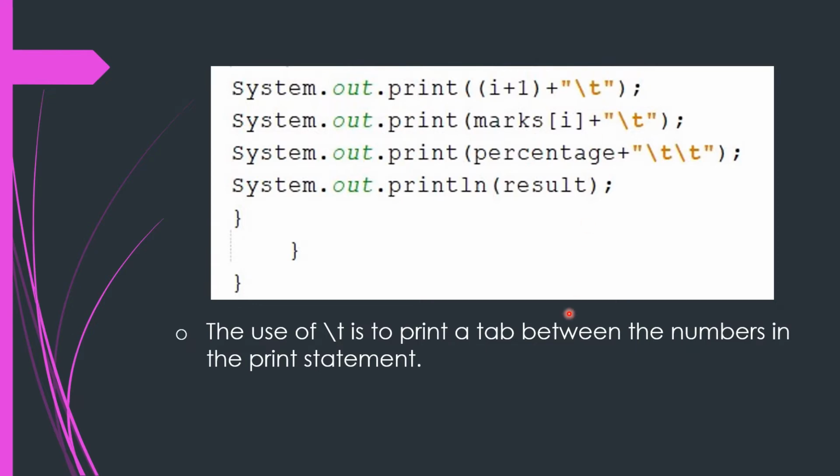Tab is a specified space greater than the space bar. Means whenever we use the space bar to give a space, it is a small space. But if we want to give a large space, then we use the tab key. So for printing a tab between the numbers in the print statement, we have used slash t.